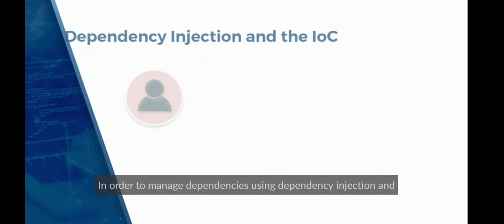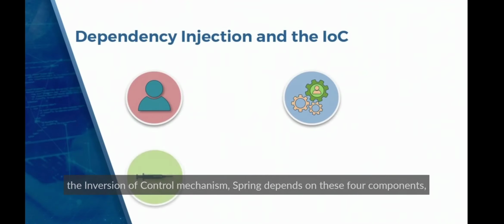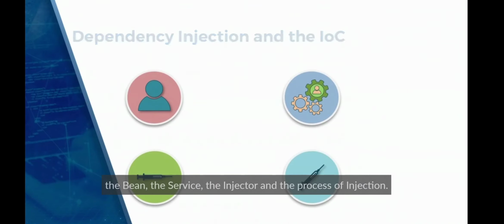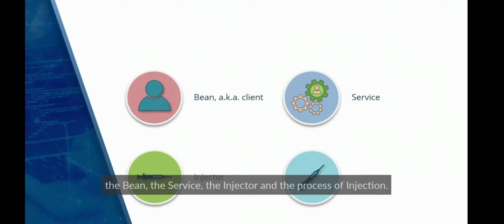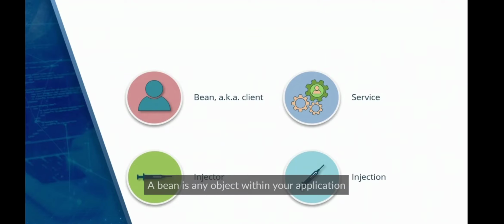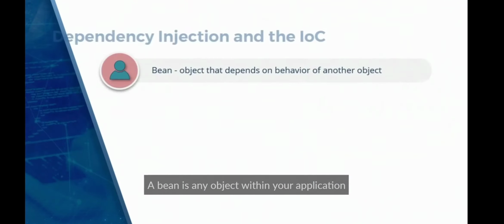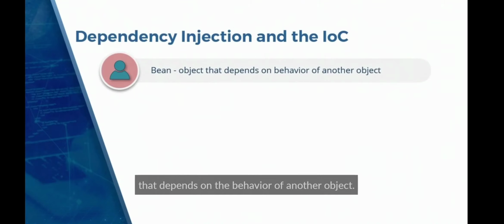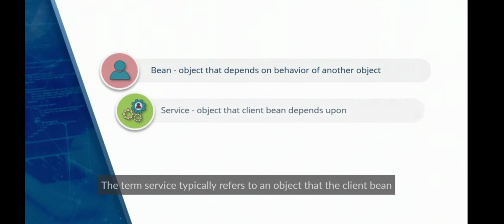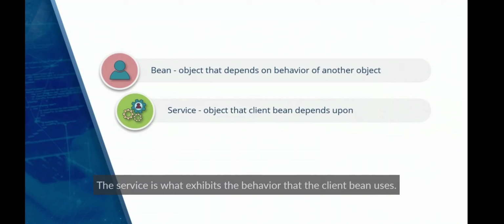In order to manage dependencies using dependency injection and the inversion of control mechanism, Spring depends on these four components: the bean, the service, the injector, and the process of injection. A bean is any object within your application that depends on the behavior of another object. A single bean can have multiple dependencies, and other beans can depend on the bean that you create. The term service typically refers to an object that the client bean depends on.